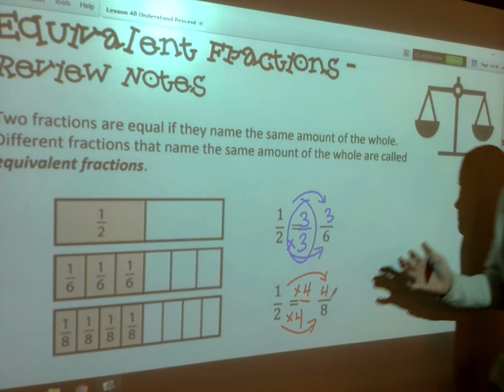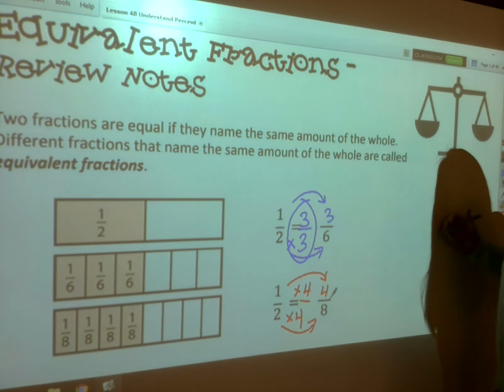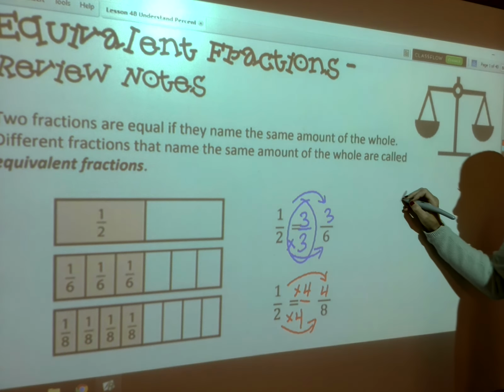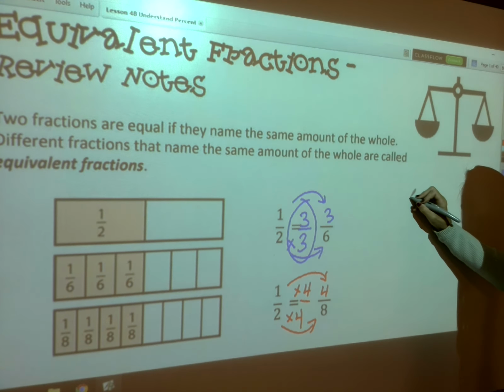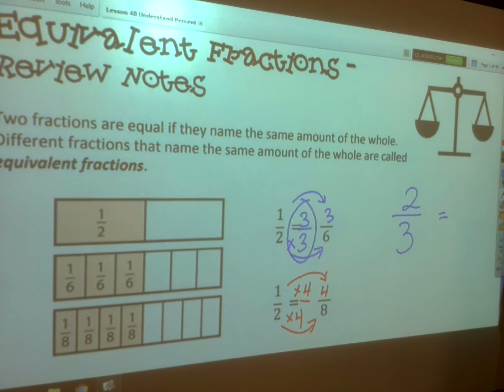Let's try another random one. We can do this with any fraction as long as we know what denominator we're going to. So over here, let's say, what if we had 2/3 and we wanted to get it to ninths? So what times 3 would get us into ninths?